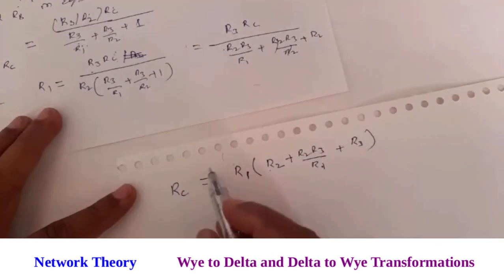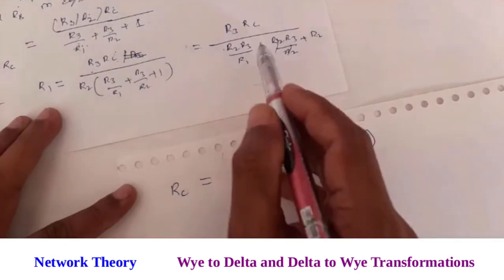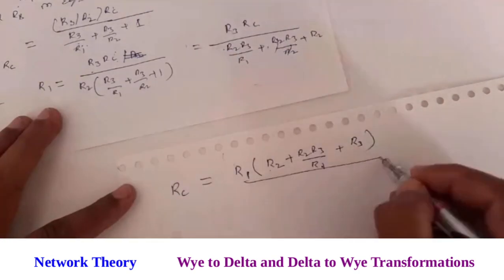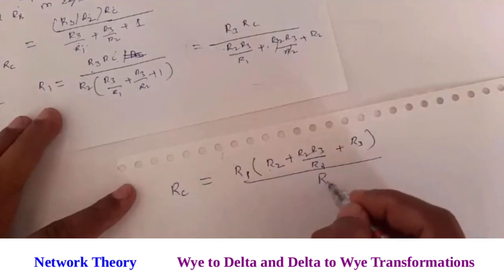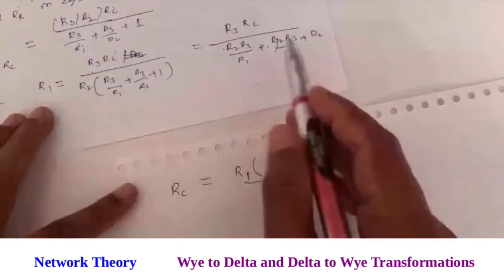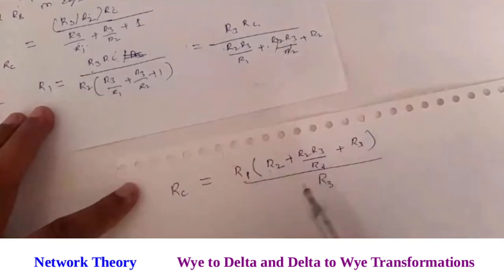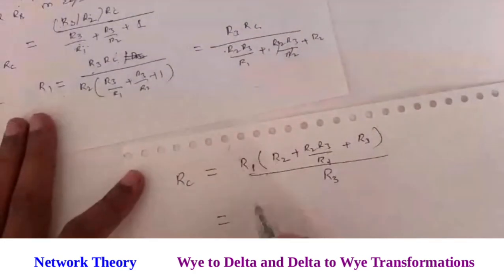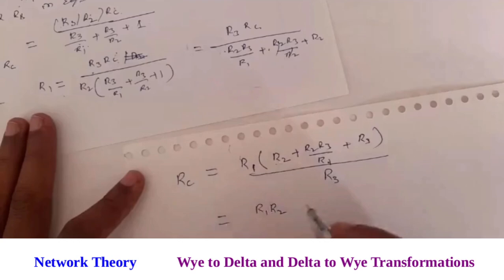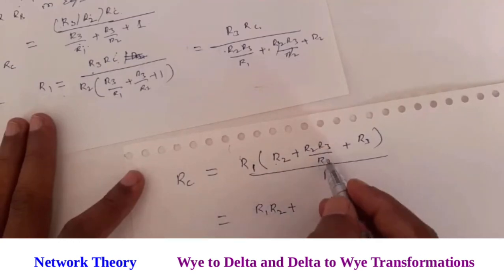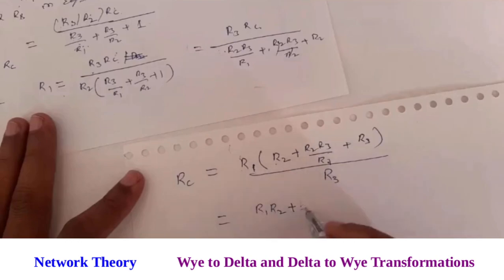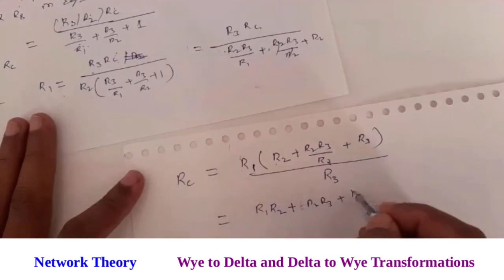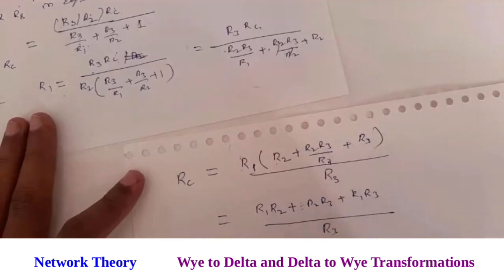So this whole divided by, I am cross multiplying, whole divided by R3. And this R1, so RC is equal to, I have multiplied this with R1 and divided by R3. If you see, I multiply this inside, it is R1 R2, this is R2 R3 plus of R1 R3 divided by R3, right?